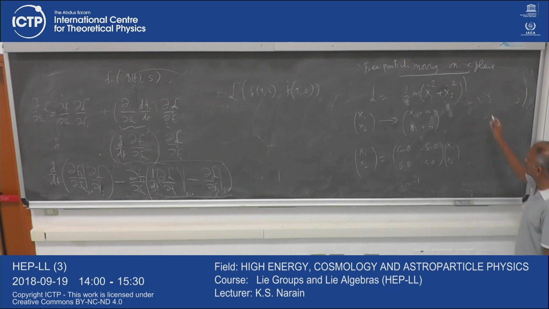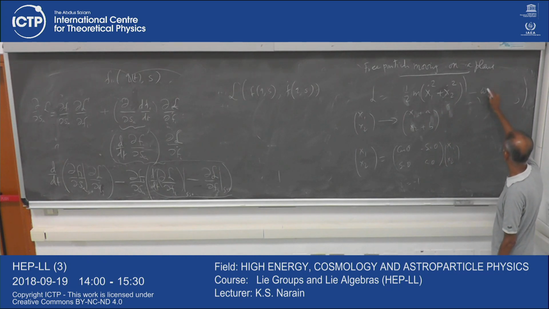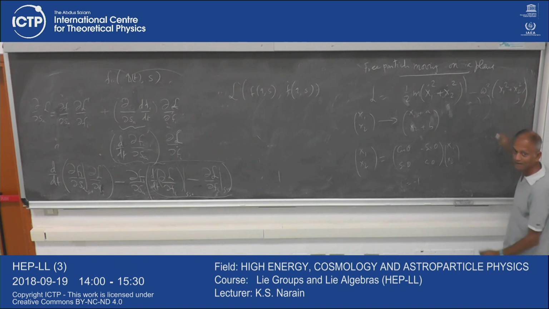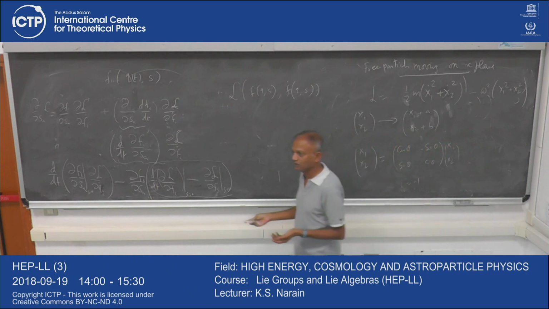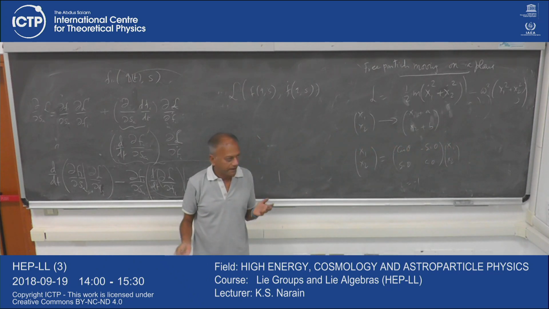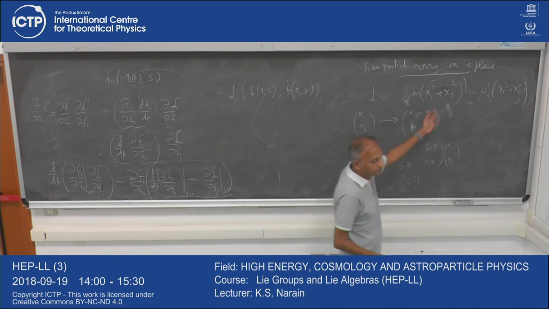Now that will not always be the general case. Suppose, for example, instead of this, I consider a 2-dimensional harmonic oscillator. In this case, I will have some constant omega square times x1 square plus x2 square. In this case, this symmetry is still there, but not that. So it depends on the details of the Lagrangian. Generically, a Lagrangian may have no symmetry at all.